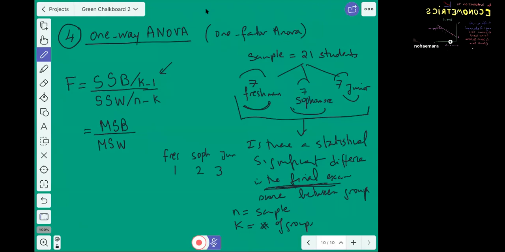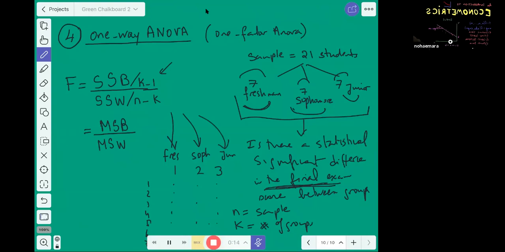And then I have 1, 2, 3, 4, 5, 6, 7 students per group. So it's 7 per group. Our intention is: is there a statistical significant difference between this one versus this one versus this one?